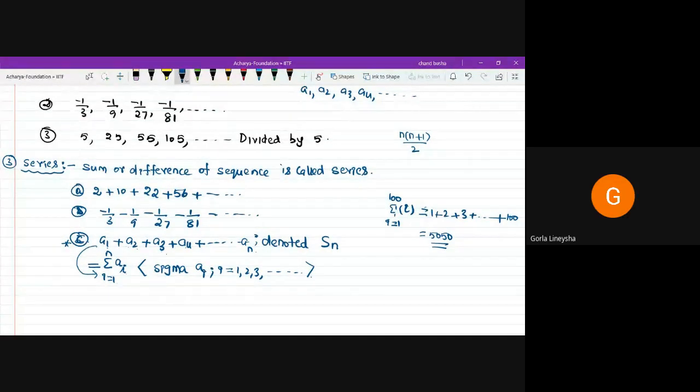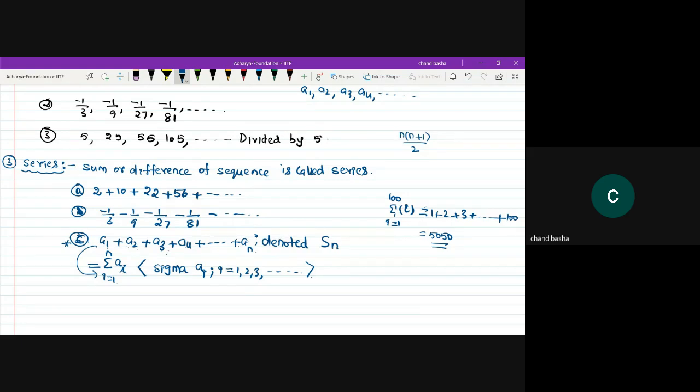Sigma AI, I is defined from 1 to n. That's it. Or if you want, you can write A1 plus A2 plus A3 plus and so on up to AN. So this is one notation we people have created instead of writing every time.